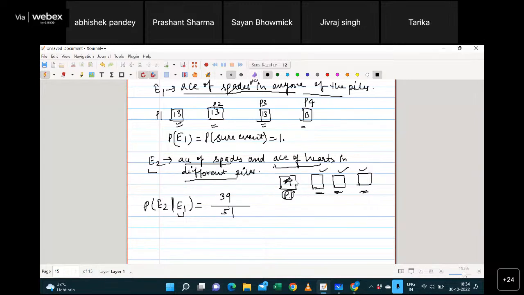I have taken the ace of spades in pile 1, so that means 13 cards are already taken, I do not have the option for that pile 1. So the ace of hearts will be in the remaining 3 piles of 13, so 39 divided by 51. Why 51? Because one card, the ace of spades, is already there.